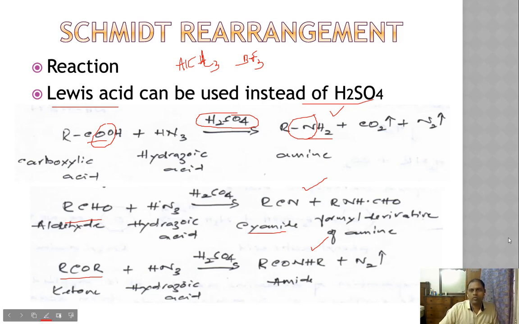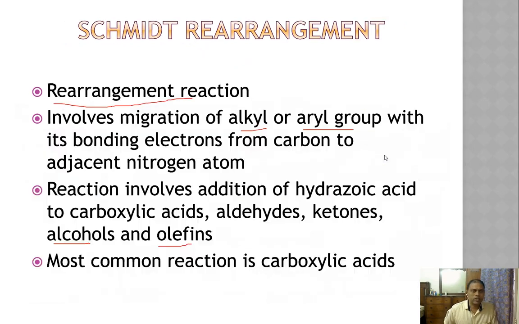As you can observe here, in case of a carboxylic acid, carbon dioxide is evolved and nitrogen is also evolved. So this is mainly a reaction of a carboxylic acid. You can see the common reactions with the carboxylic acid.